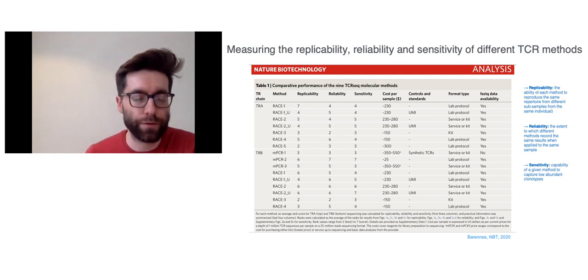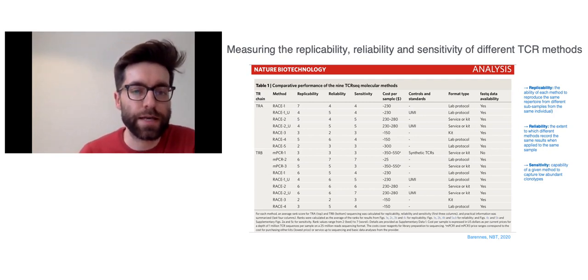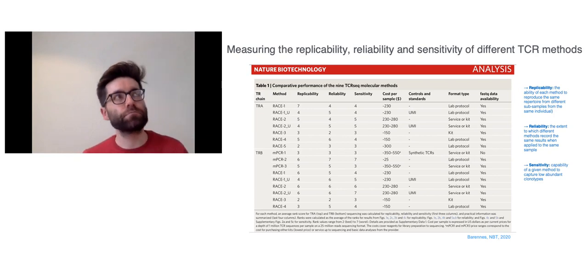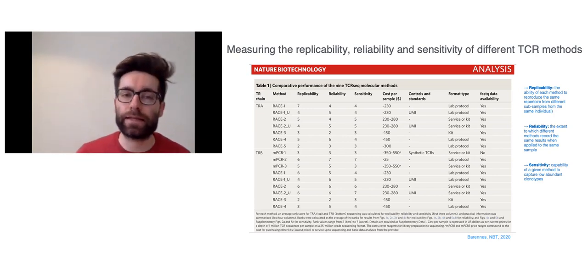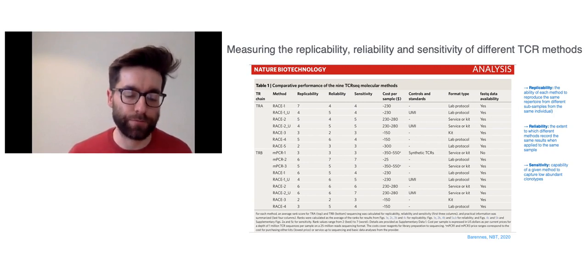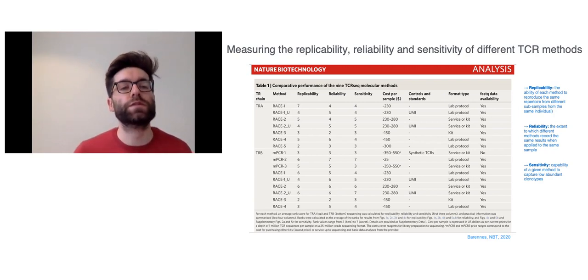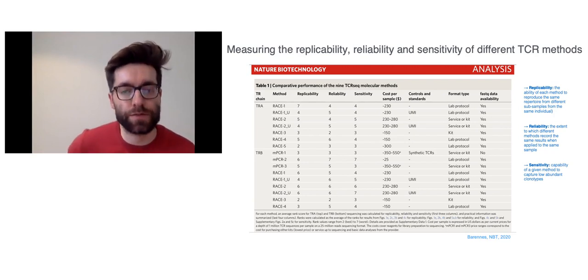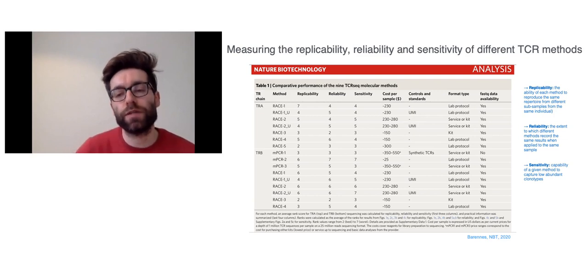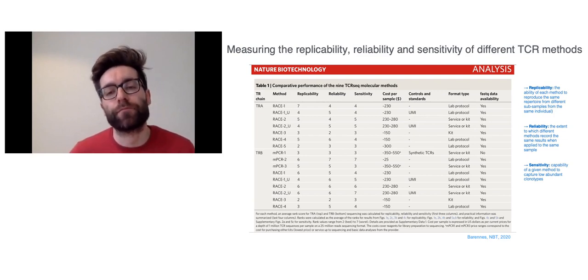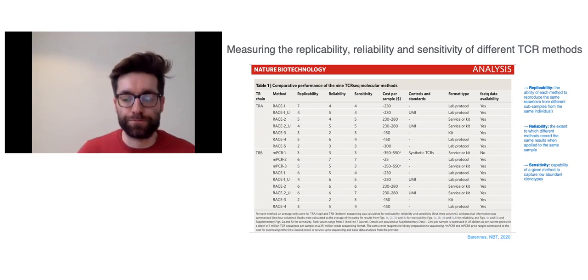I will go into more detail on the next slides. And I think a clear conclusion on which sequencing protocol to use for TCR sequencing could also not be given, because it really depends on your research question.